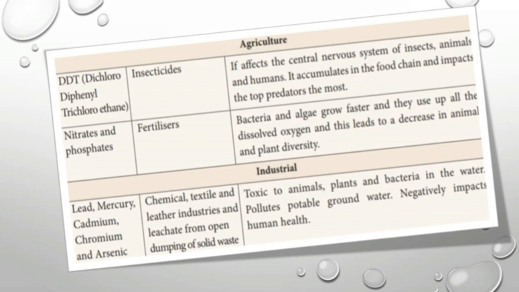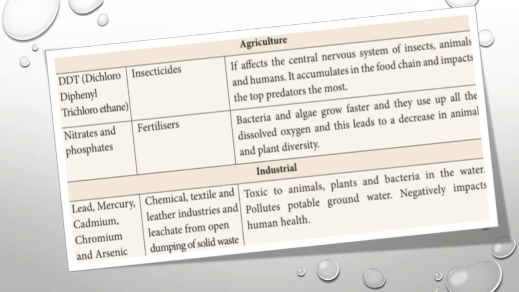It accumulates in the food chain and impacts the top predator the most. Next, fertilizers. The pollutants inside the fertilizers are nitrates and phosphates. The effect is that bacteria and algae grow faster and use up all the dissolved oxygen, and this leads to a decrease in animal and plant diversity.